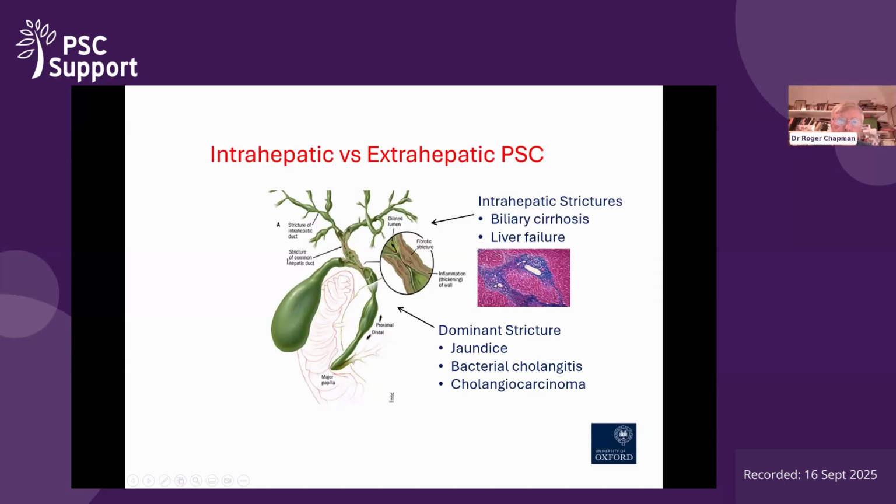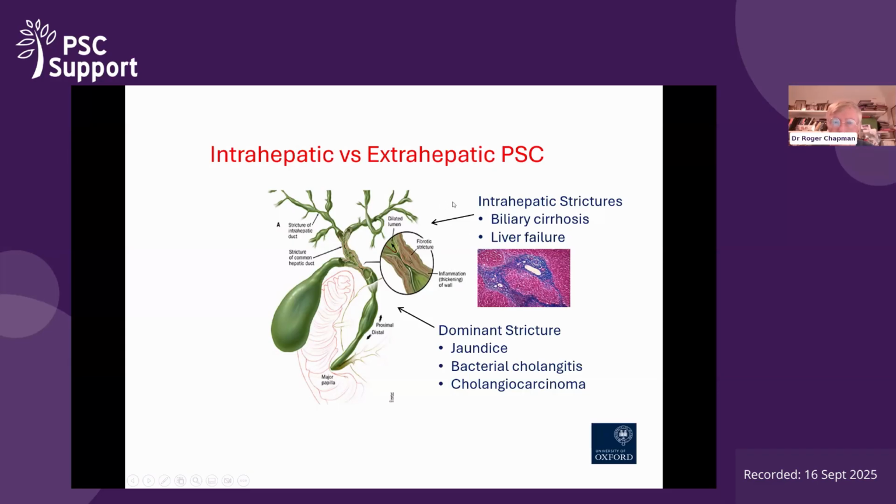So if you look at just the simple, very commonest things first, if you look at intrahepatic versus extrahepatic PSC, so intrahepatic, again, the liver comes in. These ducts here are in the liver, above and then below the colon. But when they join, that's extrahepatic, and they have really quite different symptomatologies.